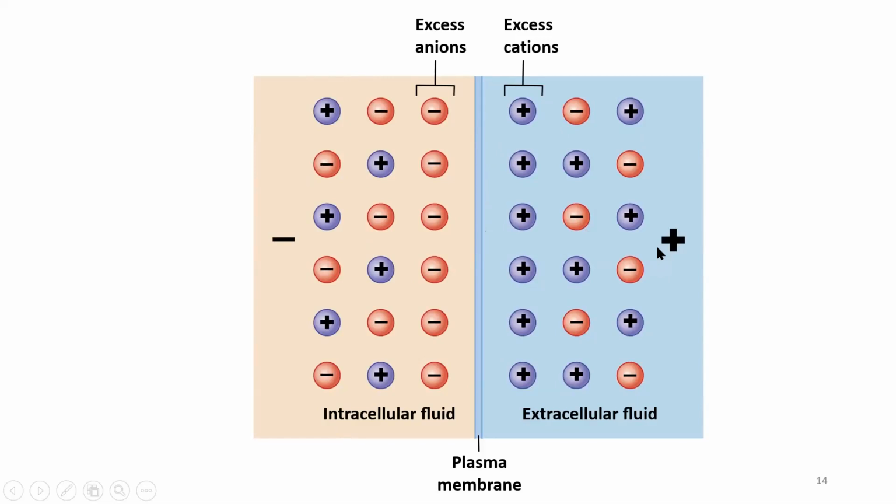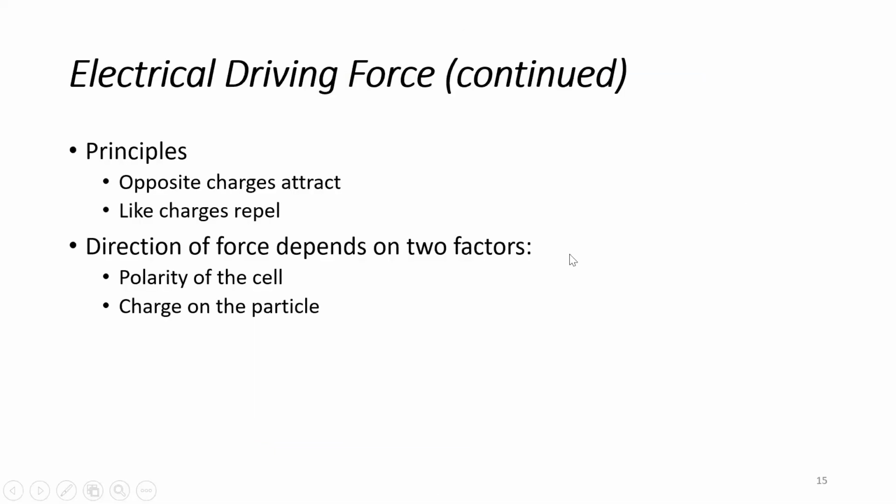Because of that, we now have a force or a driving force, we can also call it a potential, to move particles across this membrane according to this separation of charge. So that's what the electrical driving force is, okay?